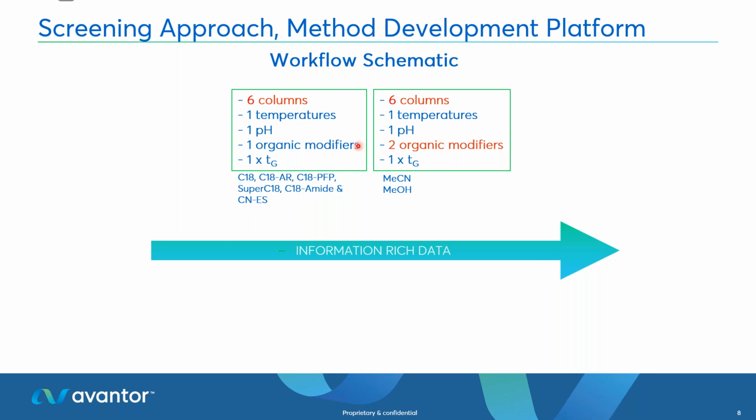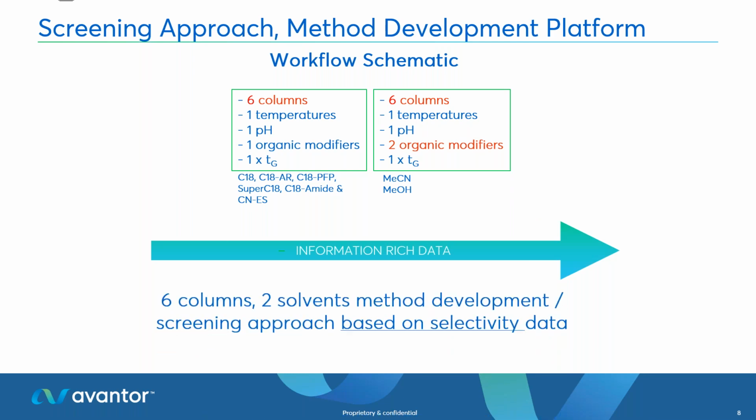Our first run will be with 1 organic solvent, and we'll set the gradient time, and then analyze our sample on 6 different columns, 6 different stationary phases. The second will then bring in that second organic modifier. If we use acetonitrile on the first run, we'll use methanol on the second run. That gives us a bit more information, a higher hit rate in terms of separating out our analytes. And it's been pretty successful, I would say, for the majority of the methods we've tried to develop.